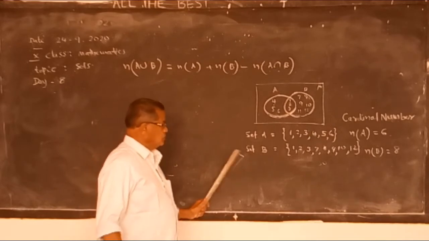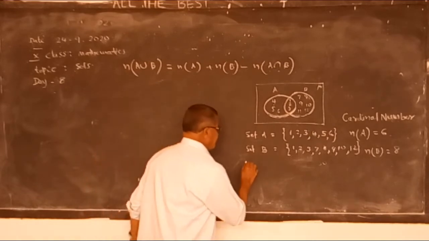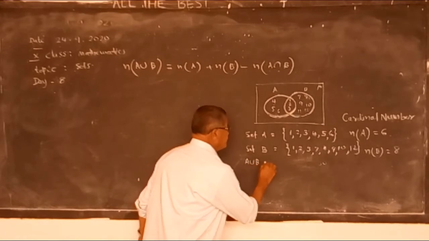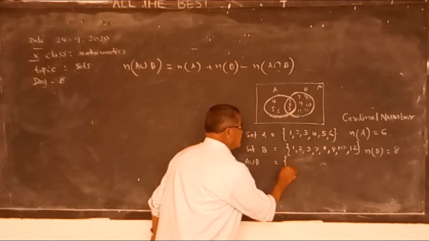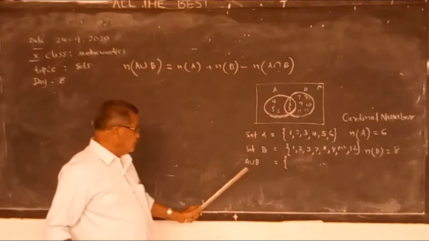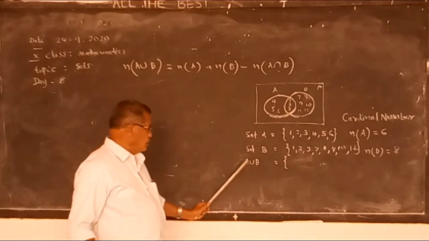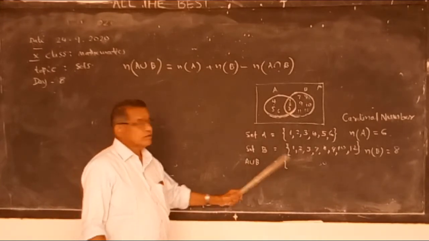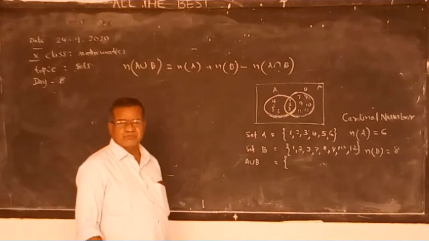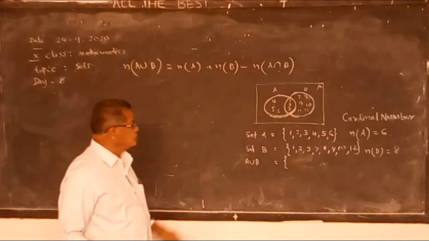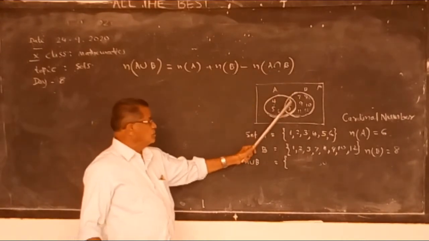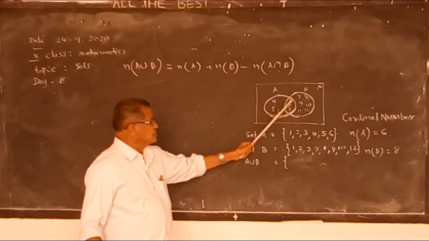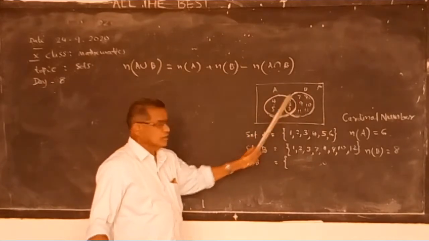Now, A union B. Whenever you want to write union, combine all the elements in order. So 1, 2, 3, 4, 5, 6, 7, 8, 9, 10, 11, 12.